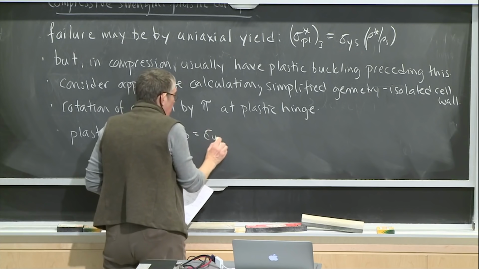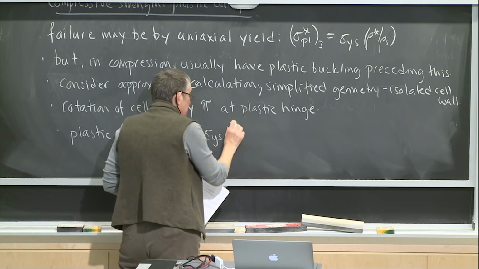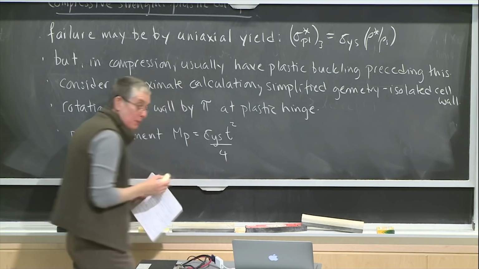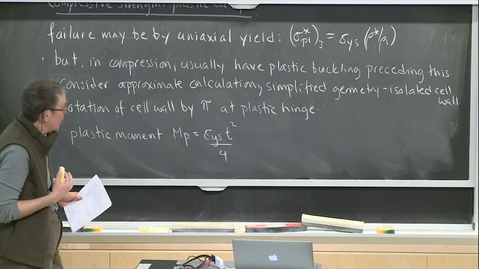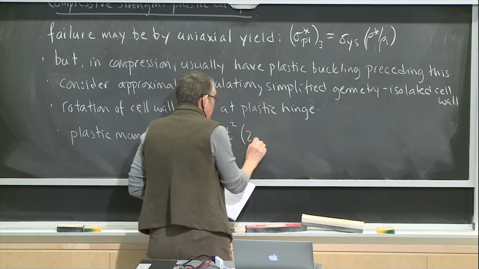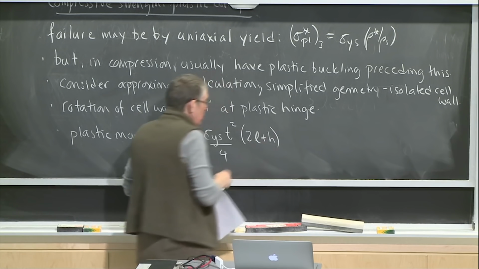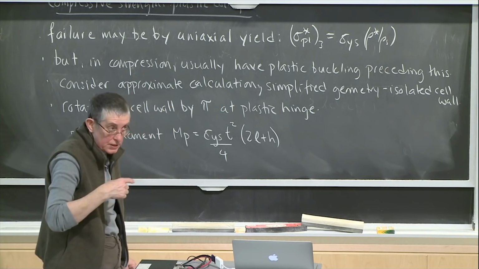So our plastic moment is going to be the yield strength of the solid again, times t squared over 4, the same as when we were talking about the plastic moment before for the other loading direction. But now instead of multiplying this times b, we're multiplying it times 2L plus h. So that's the length of the cell wall that's associated with one cell.